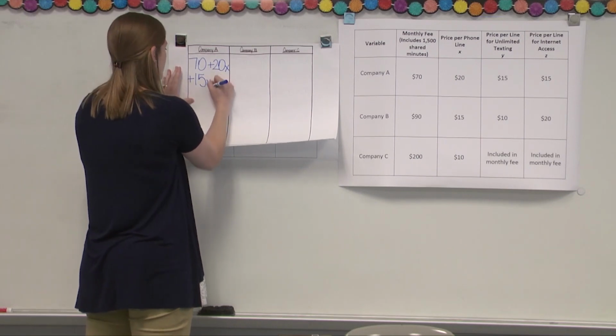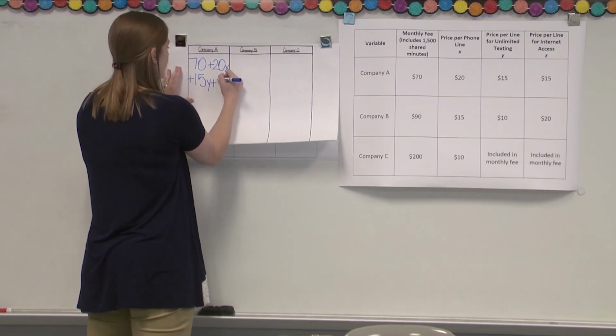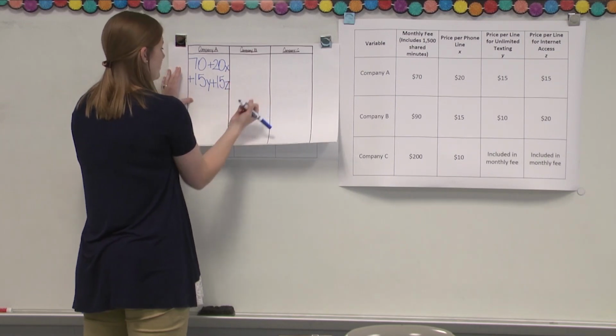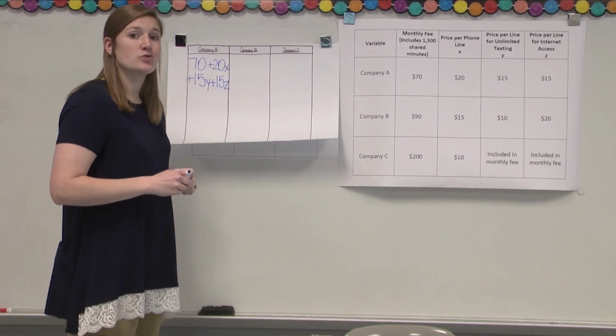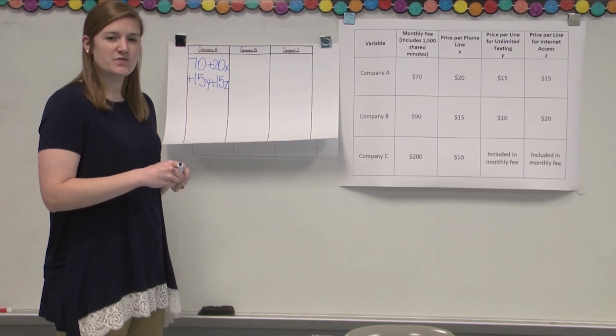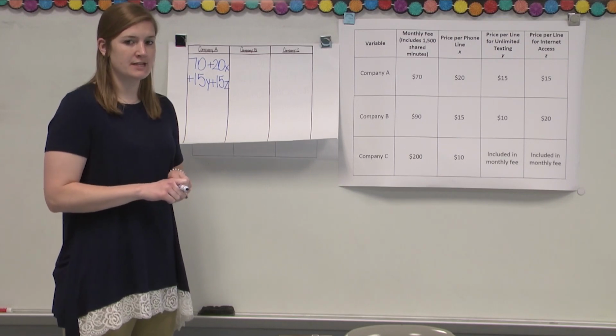We're using the variable Y for that, plus $15 per line for internet access, and we've used Z for that. So your expression should be 70 plus 20X plus 15Y plus 15Z.